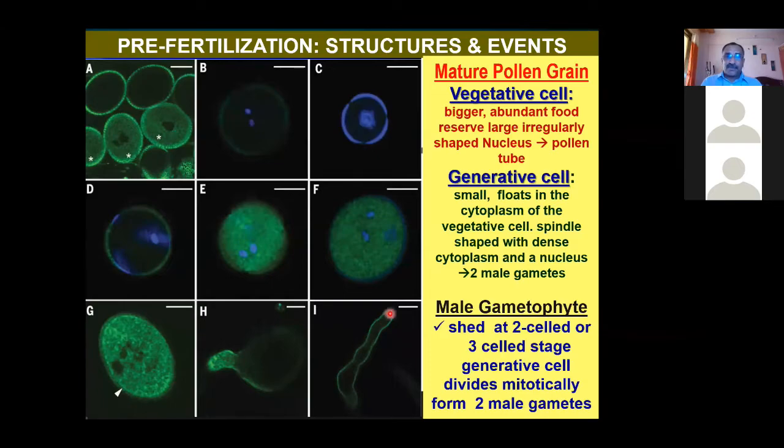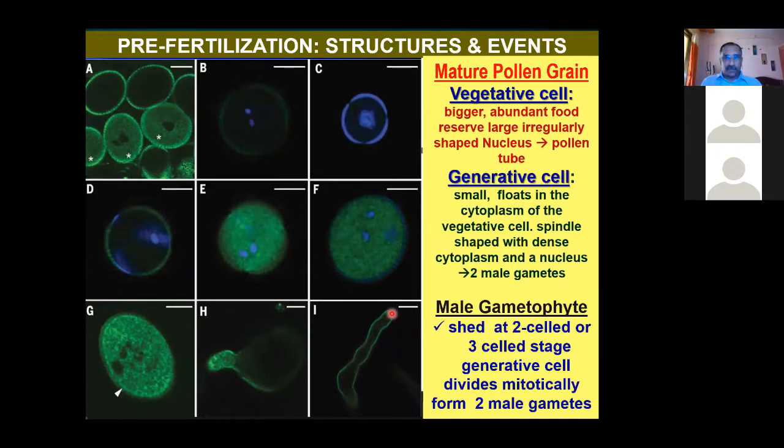This is the pollen tube, and when the pollen tube is growing out, the vegetative cell and the generative nucleus, whatever is there in the pollen grain, all those contents will be transferred to the pollen tube.